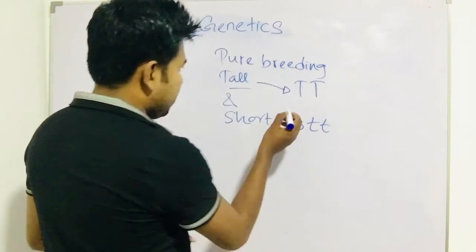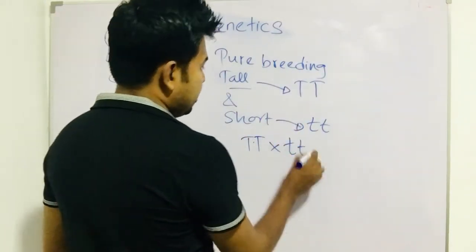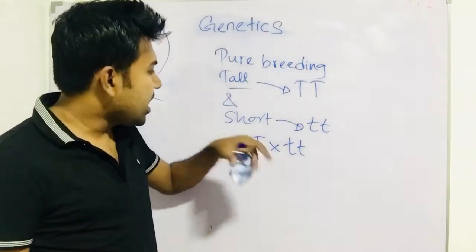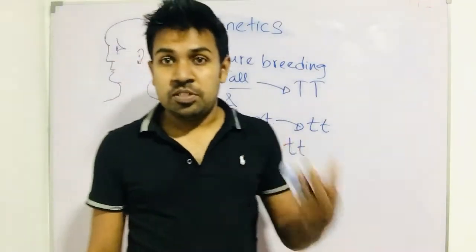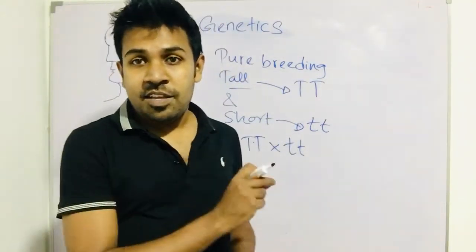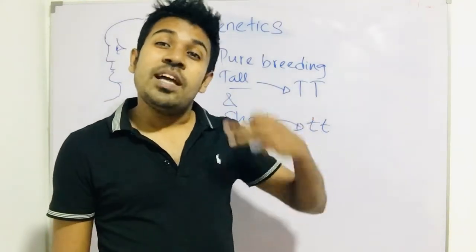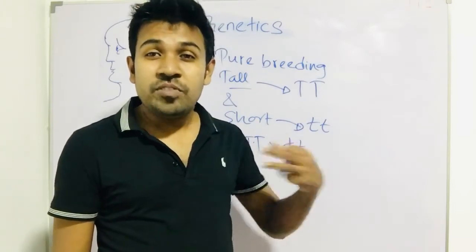How did he cross this? He took pollen of the taller plant and put that on the stigma of the shorter plant, and he did the opposite also. He did this not only once or twice, he did this more than 1,000 times. That's how he got a good reliable result.